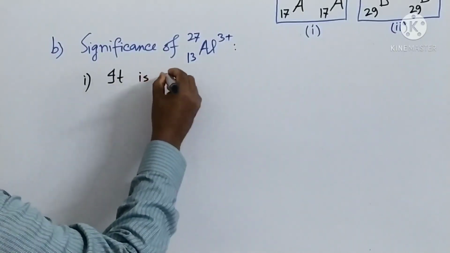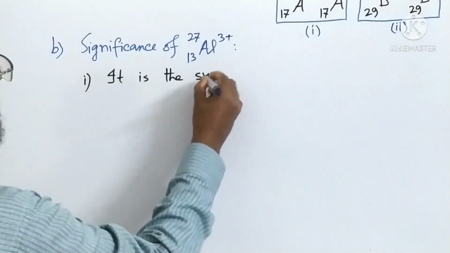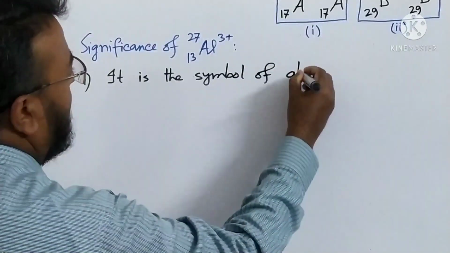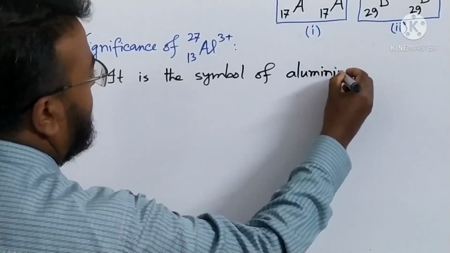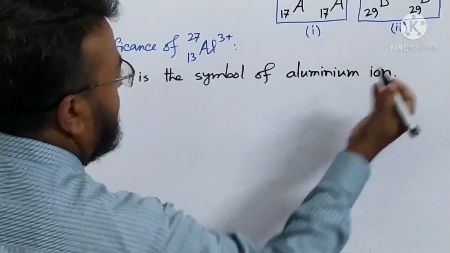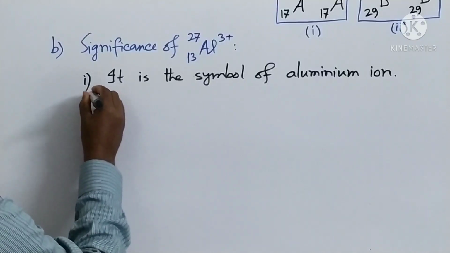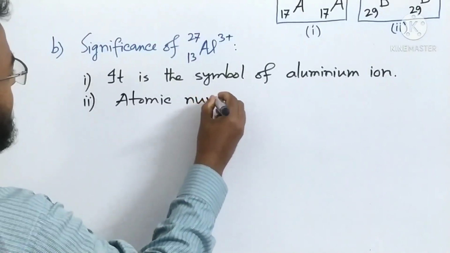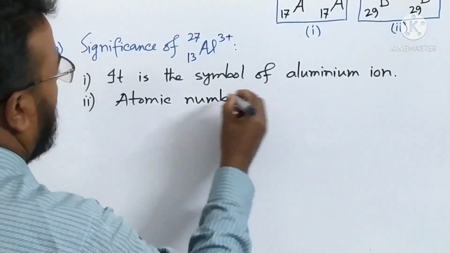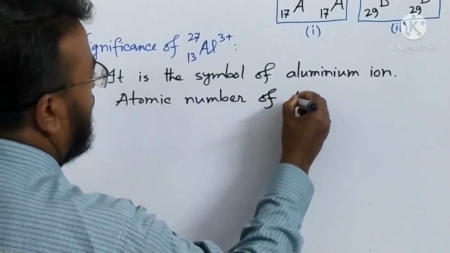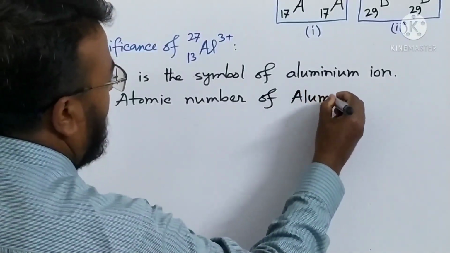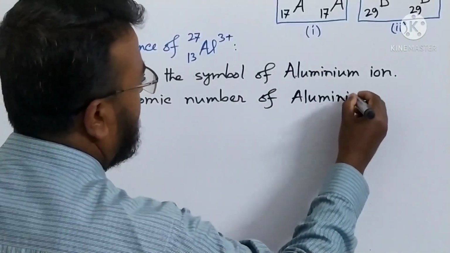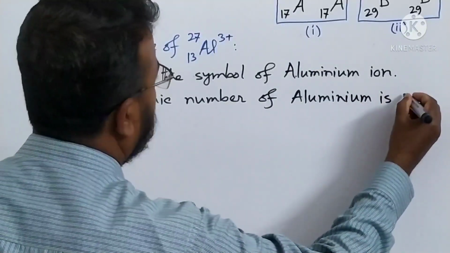Number 1, it is the symbol of aluminum ion. Number 2, the atomic number of aluminum is 13.